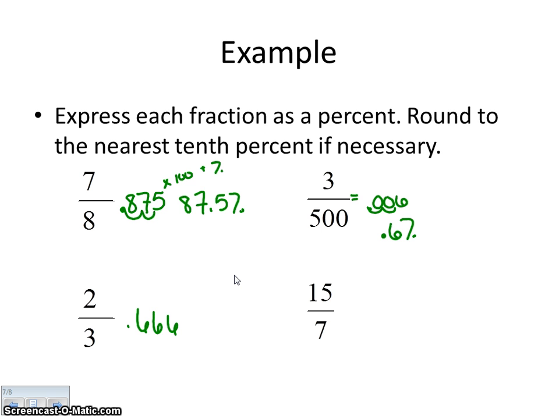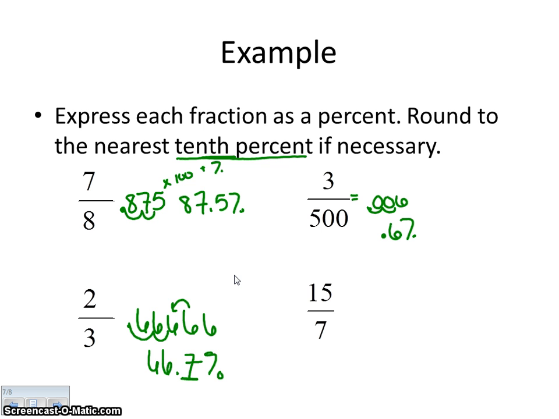Okay, so it did ask you to say round to the nearest 10th percent. Okay, so I need enough 6's to write it as the nearest 10th percent. Okay, not nearest decimal percent or decimal 10th, but to the 10th percent. So here I'm going to move my decimal 2 places. This is going to be 66 point, and then I'm going to round to the nearest 10th, so I have to look at my next one, and that's going to round up to 66.7%.